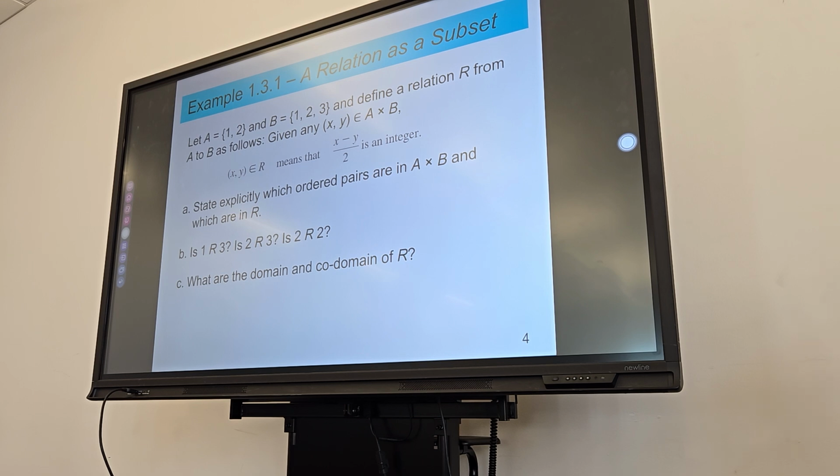State the ordered pairs in A cross B and which are in R. We'll do that on the next slide. What are the domain and codomain of R? A is the domain, B is the codomain.